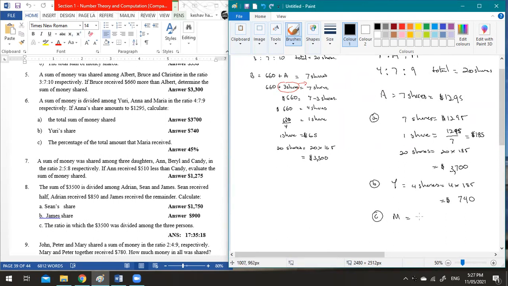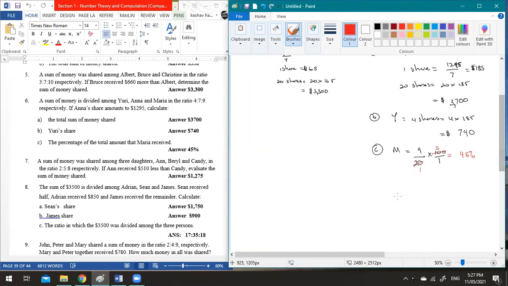So Maria was 9 shares out of the 20 shares, multiplied by 100 over 1 to get the percentage. 20 into 100 is 5, so we get 45%.